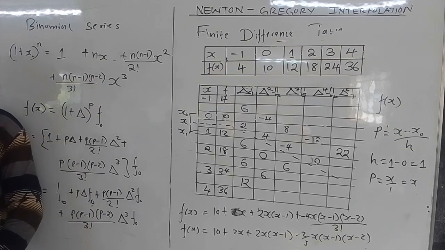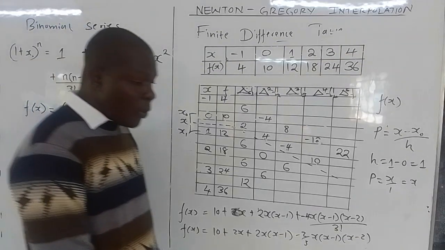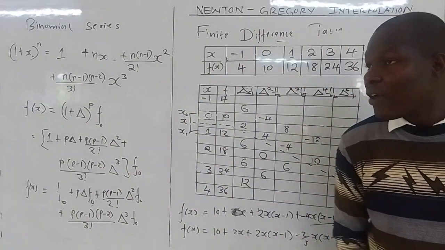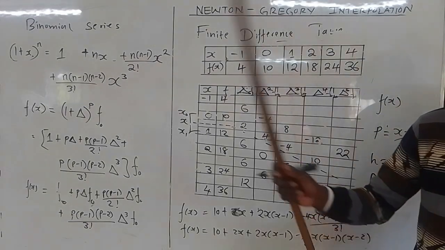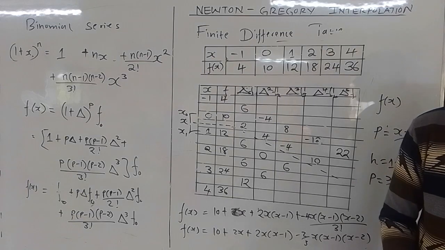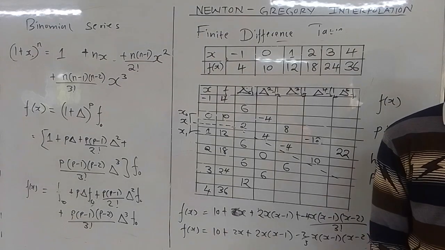Yes. Good. So that is how to deal with the Newton-Gregory. That is how to construct the finite difference table, how to expand the binomial series, and how to get the interpolation polynomial.